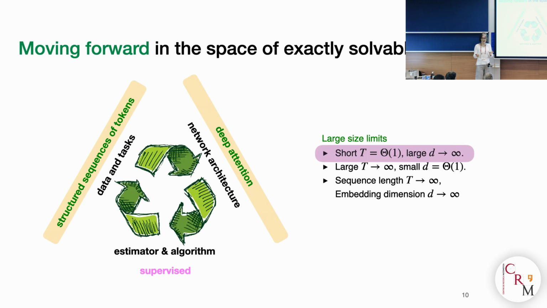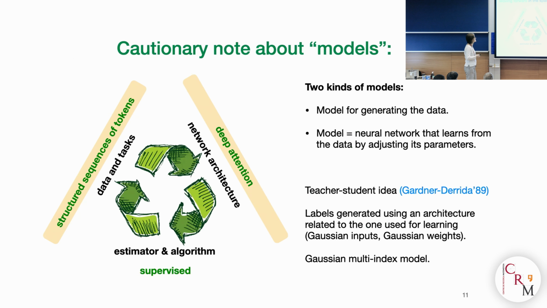So there will be attention layers. I will be considering sequences of tokens, but the output will not be the next token, but some supervised task. And I will show you which ones. Just a cautionary note about what I mean by model. That's again an overloaded word. It means many things. In my talk, it mainly means two things.